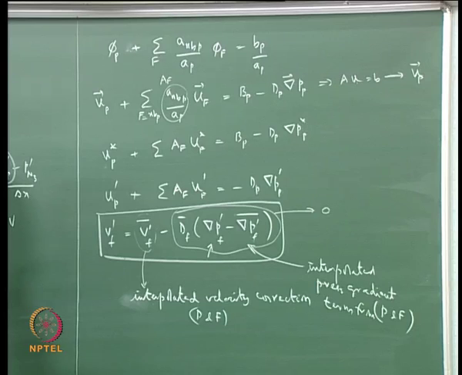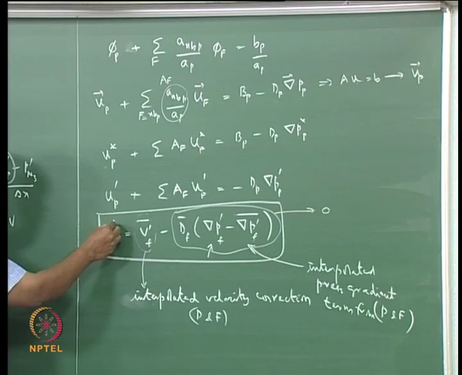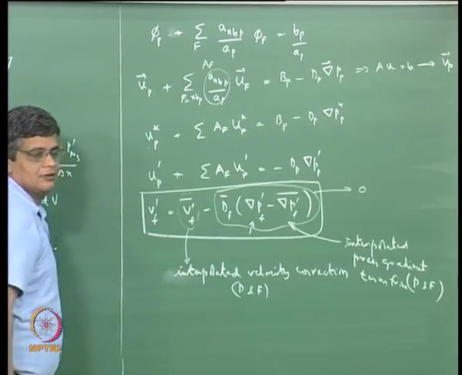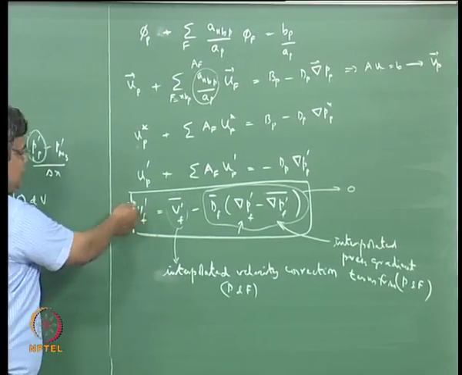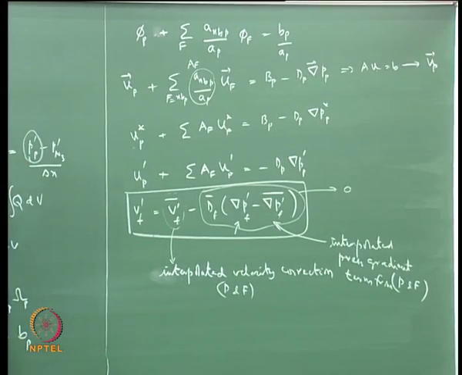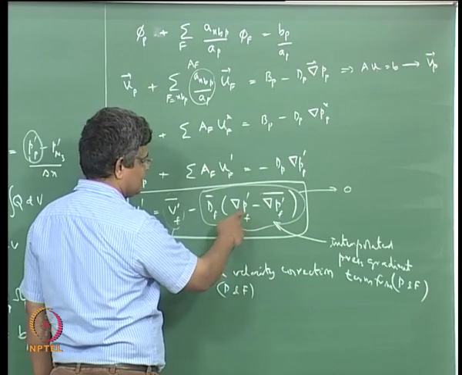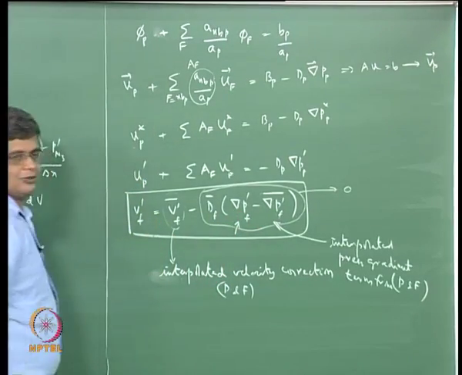So when you do not have any threat of checkerboard oscillations, then the correction to the velocity at the particular phase from the interpolated one is as good as the correct velocity. But where you have severe variation of the pressure correction, this will tend to suppress those oscillations.